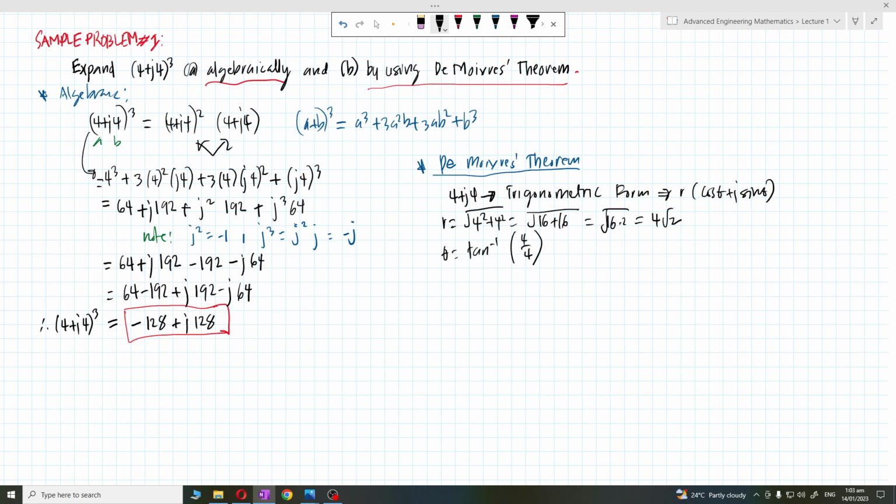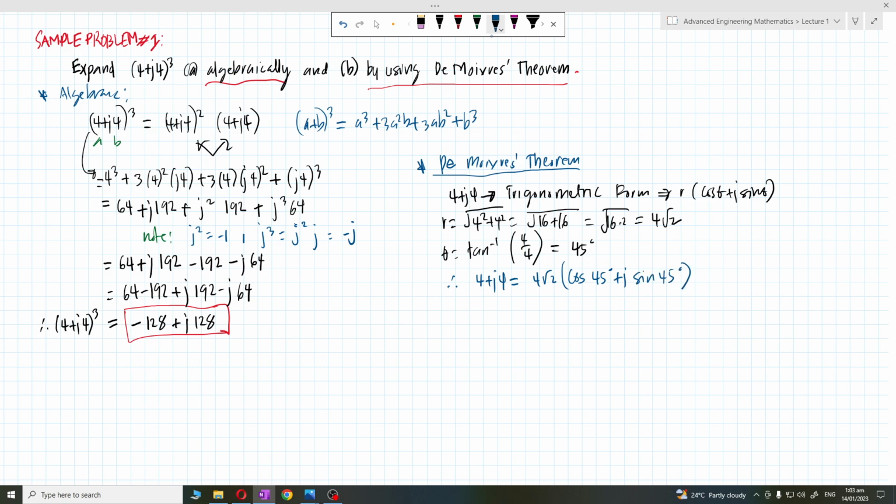Since both x and y are positive, the angle theta is in quadrant 1, so theta must be between 0 and 90 degrees. So you will get here 45 degrees. Therefore, the equivalent of 4 plus j4 in trigonometric form is 4 square root of 2, quantity cosine of 45 degrees plus j sine of 45 degrees.